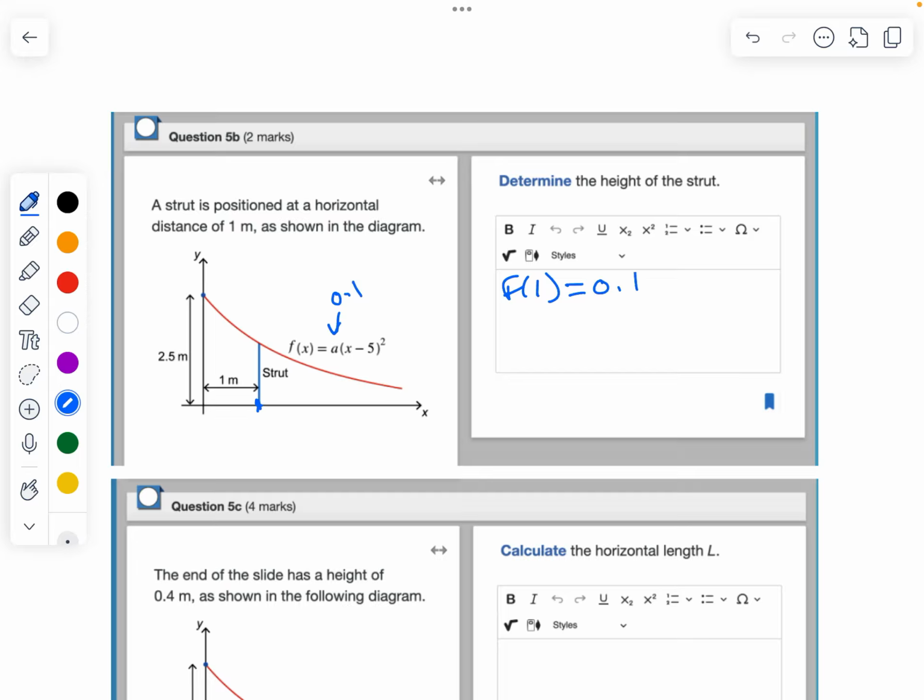So 0.1 times 1 minus 5 squared. So we work that out, it's 0.1 times negative 4 squared. So 0.1 times 16 is going to get me 1.6 meters. So we know that this is 1.6 meters.